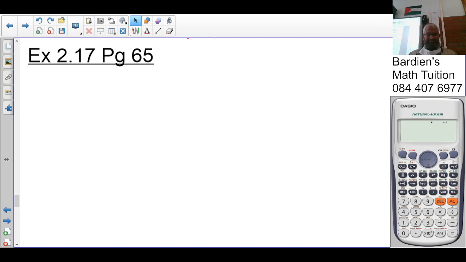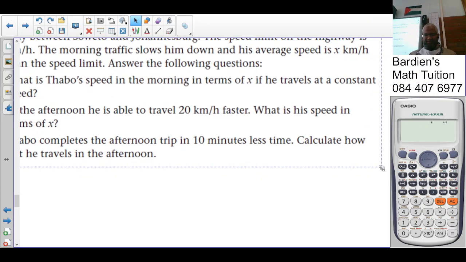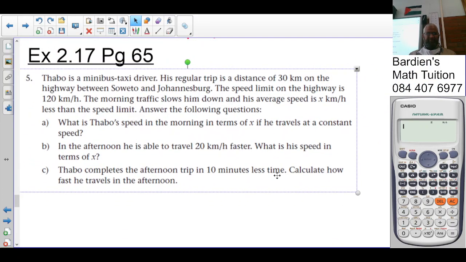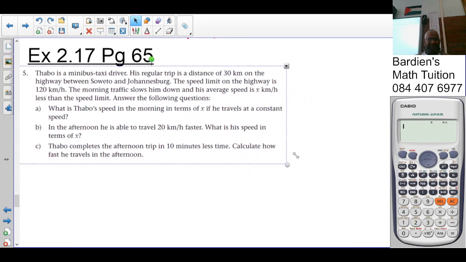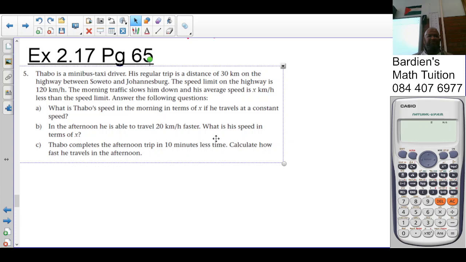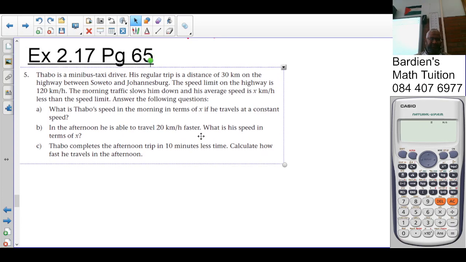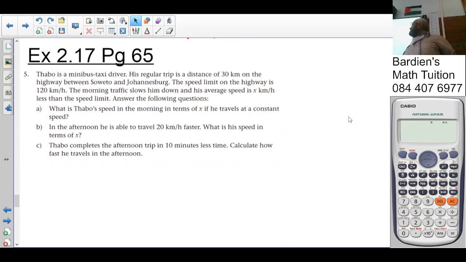So here, number 5, you are told that Tabo is a minibus taxi driver. His regular trip is a distance, okay, so this is a speed distance time question. Not so?